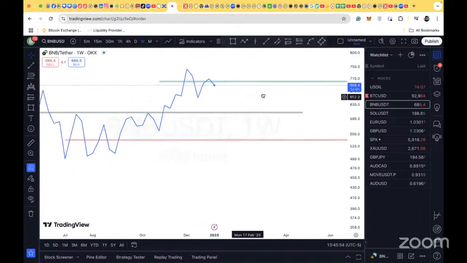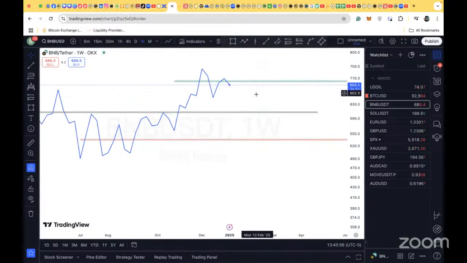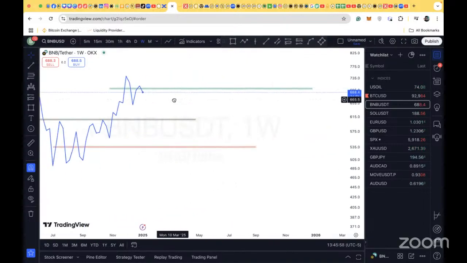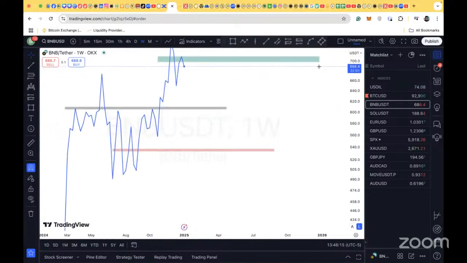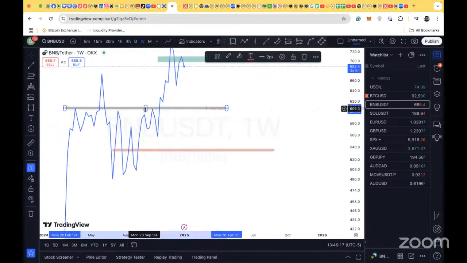Weekly, there's a lot of noise here, so we can deal with it the best way possible. This noise, we can fill it up like this. Then we have something here, not really. We have something here. This one is also really relevant. 1, 2, 3. So we can fill it up like this.